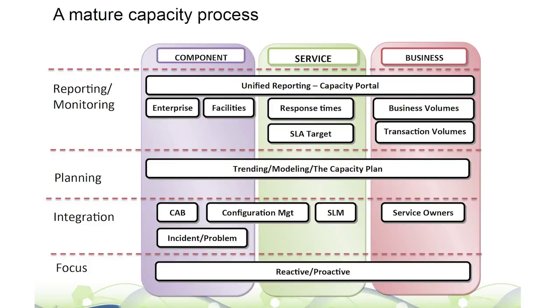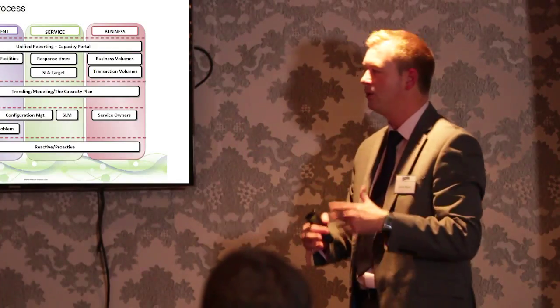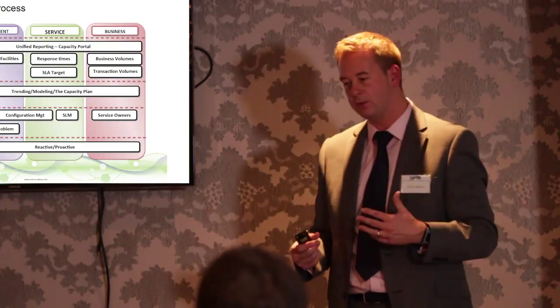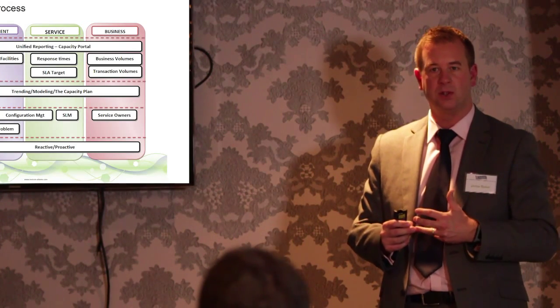Like I said before, you've got all of your component level, you've got your response times, you've got your SLA targets, and you've got your business volumes. And we can do that correlation, those correlated reports. So this is what we, Metron, based on our experience, see as how a mature capacity process should look.